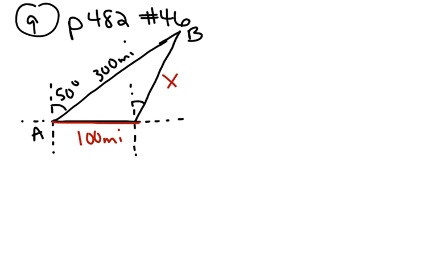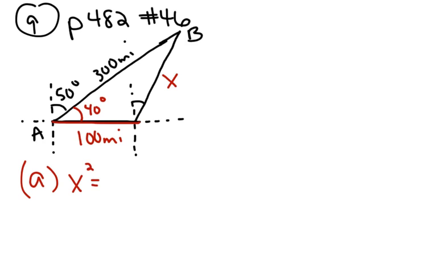Well, since I know the bearing, I also know this angle. It's got to be 40 degrees because those two angles there are complementary and should add up to 90 degrees. Well, I have side angle side. When you have side angle side, you can use the law of cosines to solve.